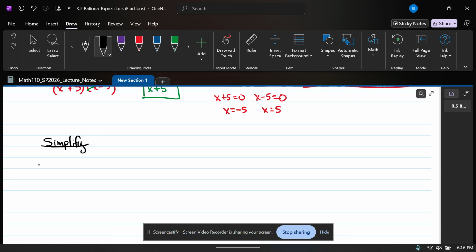Example C, let's take 12x squared minus 30x over 4x squared minus 25. Let's see if we can simplify that. So not worried about finding the domain on this one. We're just trying to simplify it. So we're just going to factor top and bottom. So how does the top factor here?